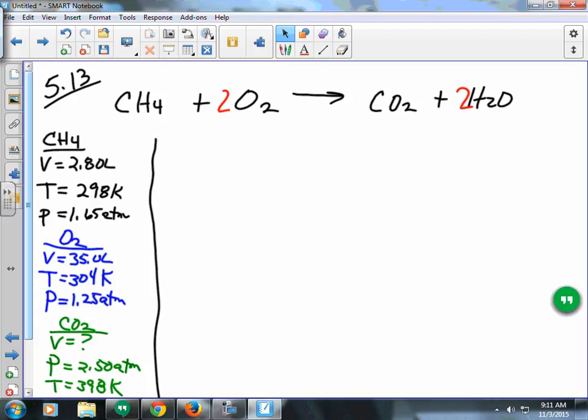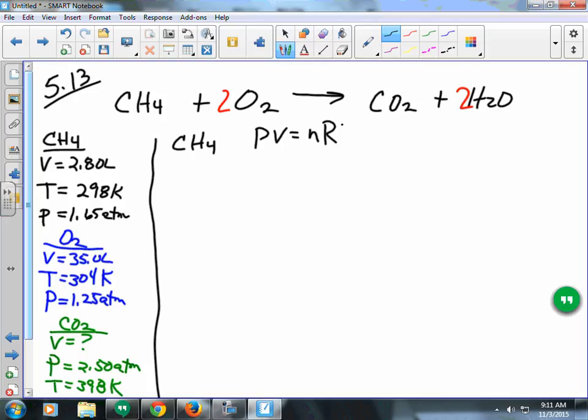All right, so we need to know how many moles of methane we have, how many moles of oxygen we have. So that's where we'll use PV equals nRT. So for methane, for all of these, it's going to be PV equals nRT. How do we solve for n? It'd be PV over RT. Good.